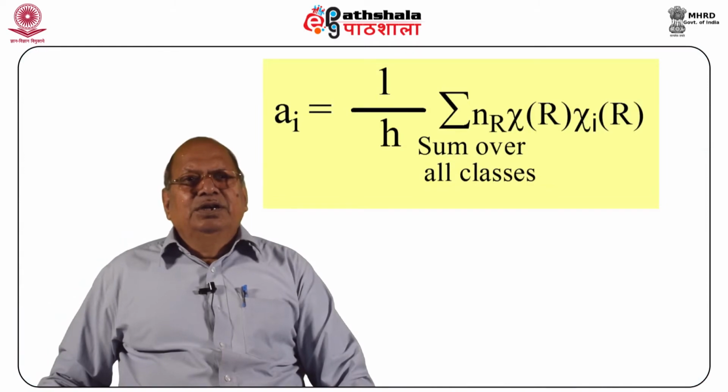It says a_i is equal to 1 upon h, summation over all classes of N_R chi_R, where h is the order of the group to which the irreducible representation belongs, N_R is the number of operations in a class, chi_R is the character of operation R in the reducible representation, and chi_i(R) is the character for operation R in the ith irreducible representation.